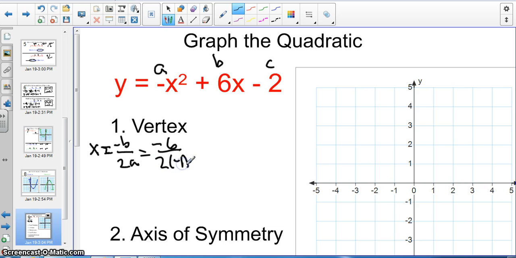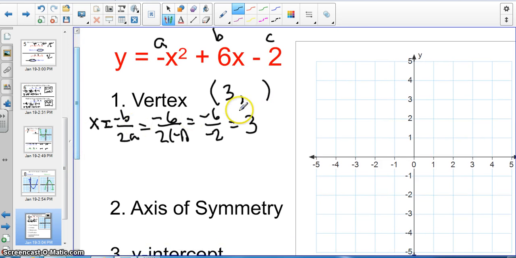A is negative 1. So I have negative 6 over negative 2, which is positive 3. So now for my vertex, I have 3 for my x. That is also my axis of symmetry. Remember, these are the same.